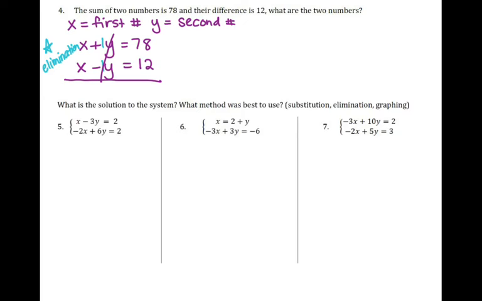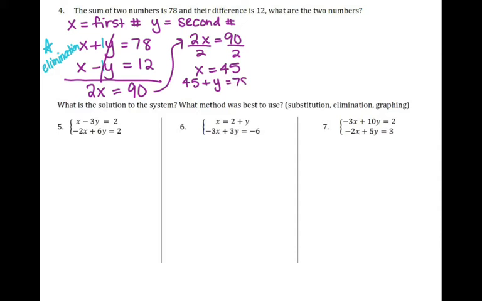1x plus another x is 2x equals 78 plus 12 is 90. And then I can go ahead and continue to solve for x. I can divide both sides by 2, so I get x equals 45. And since I know that the sum has to be 78, I can go ahead and plug 45 in for x and use that to solve for y.